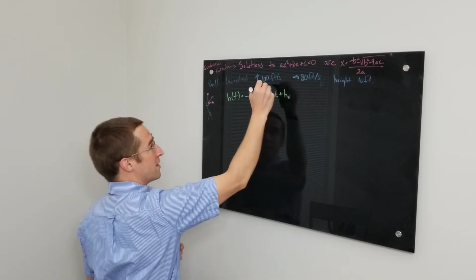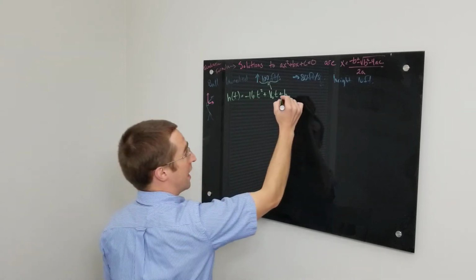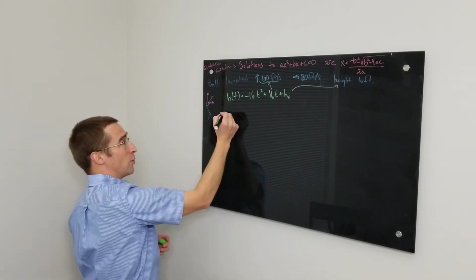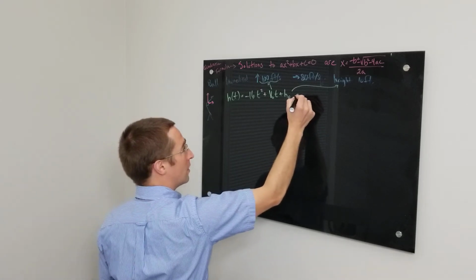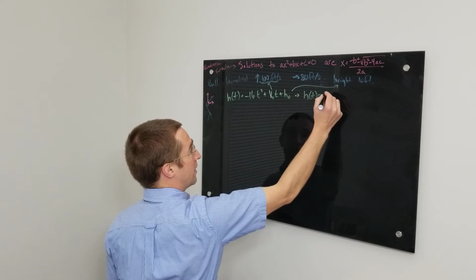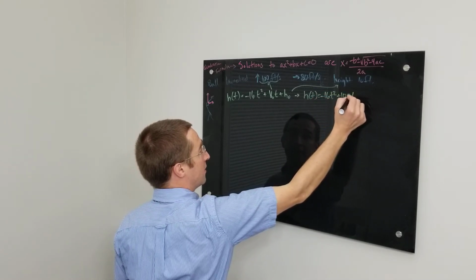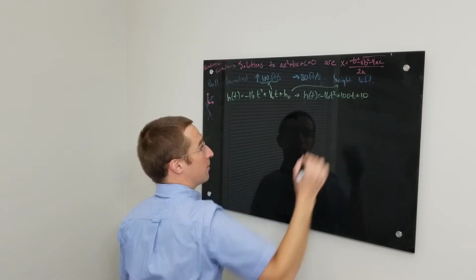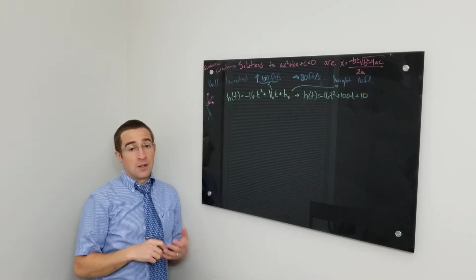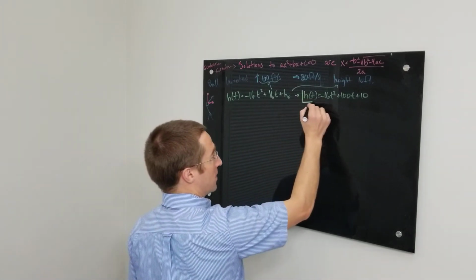V naught is the initial velocity, the starting velocity, and h naught is the initial height of 10. So here we've got the function h of t equals negative 16t squared plus 100t plus 10. Okay. Now we're going to go about answering some questions about this function.